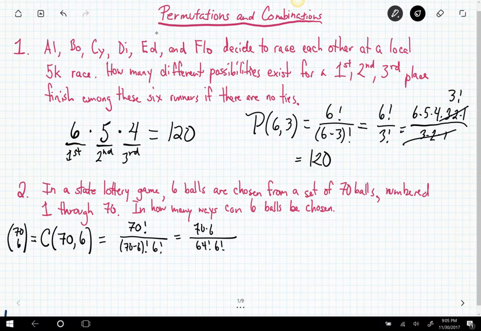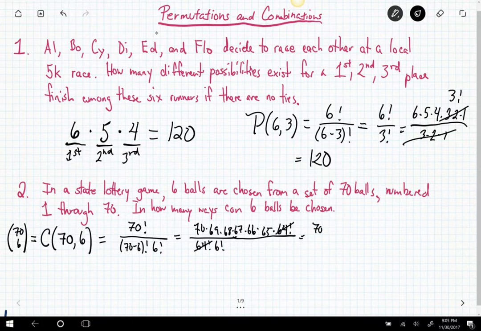And we can do 70 times 69 times 68 times 67 times 66 times 65. And we could keep on going, 64, 63, 62, 61, all the way down to 1. But remember, we're just counting down from 64, and that would just be 64 factorial. And why did we stop there? Well, the 64 factorial is now canceled.